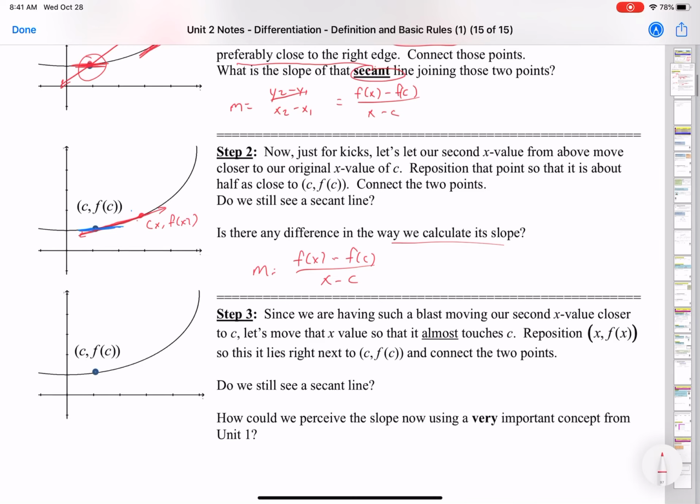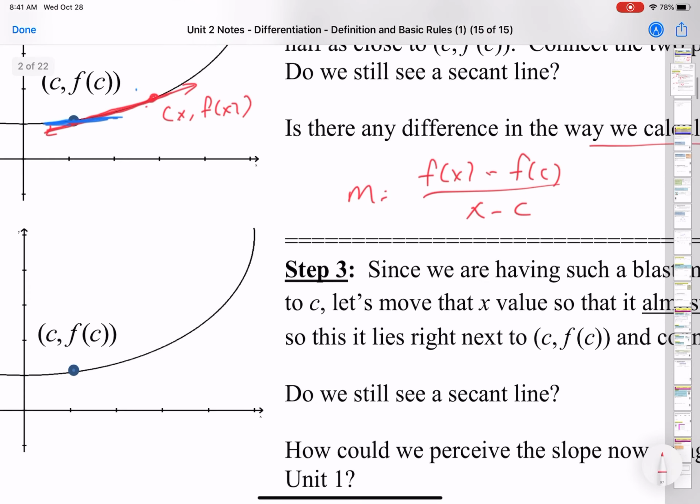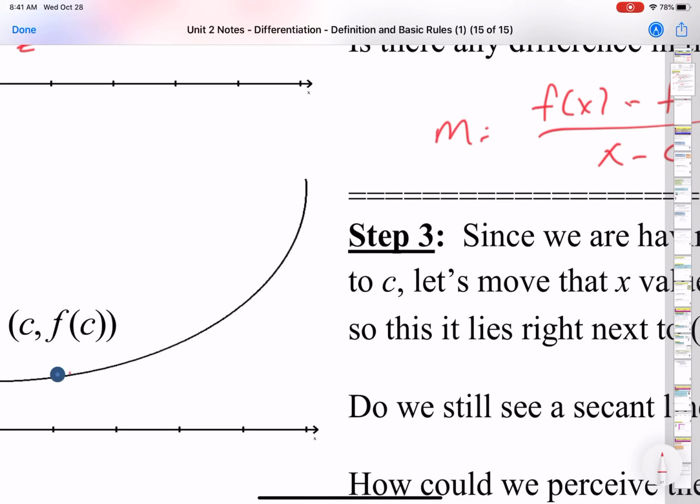So step 3 says, since we're having such a blast moving that second point closer, let's move it so close that it's almost touching c. So I'm going to put my second point right here. So super duper close to c. Now if I connect these points, I'm getting a secant line that comes very, very close to what the slope of the tangent line would be.